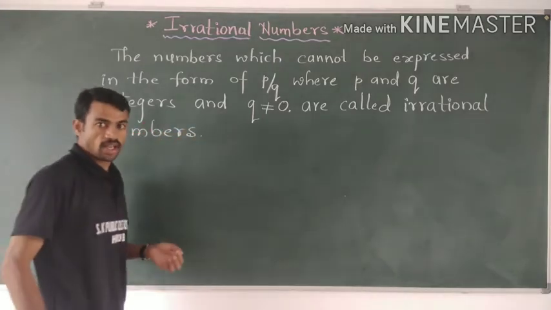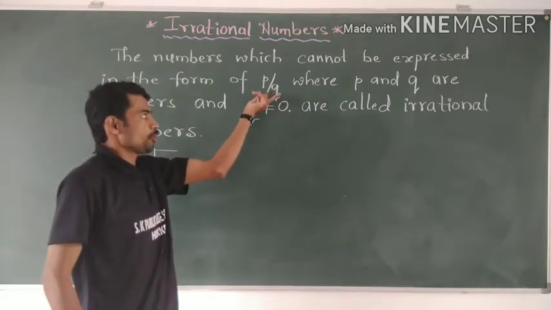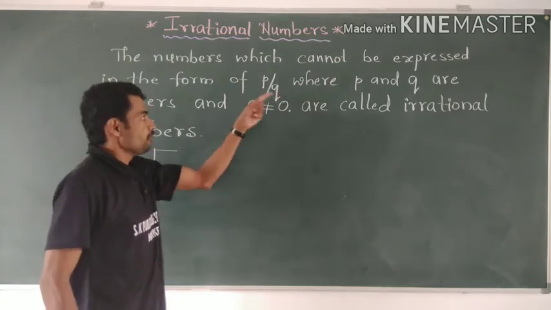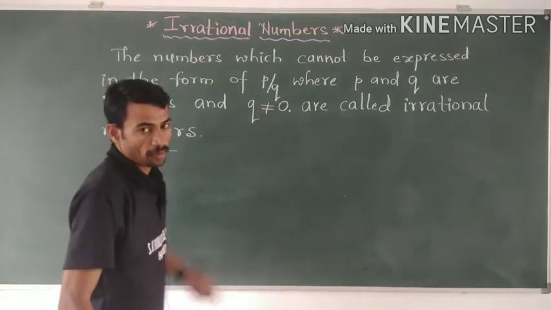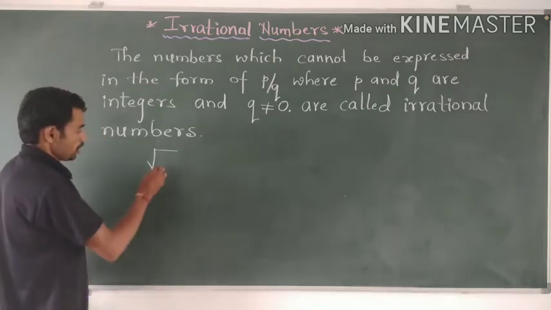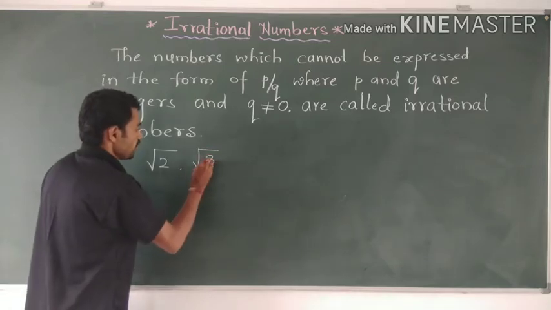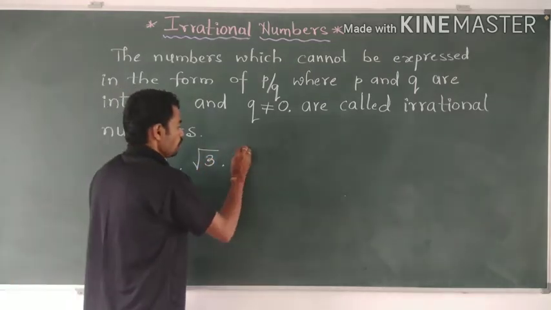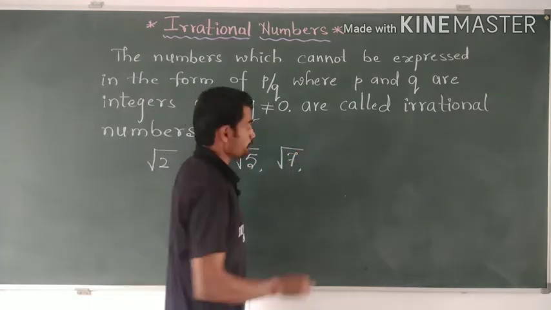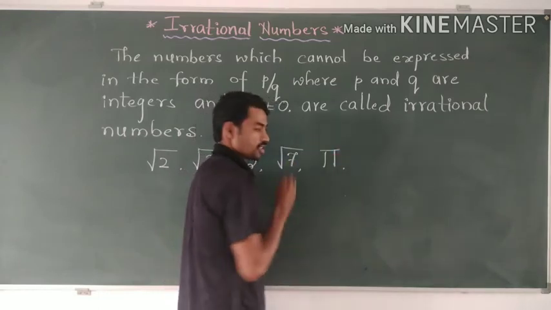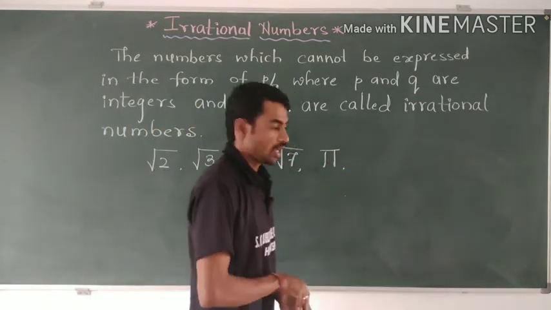As we have seen in class 9, the numbers which cannot be expressed in the form p by q, where p and q are integers and q is not equal to 0, are said to be irrational numbers. So root 2 is one of the irrational numbers. Root 3 is an irrational number. Root 5 is an irrational number. Root 7 is an irrational number. Pi is an irrational number. Okay?